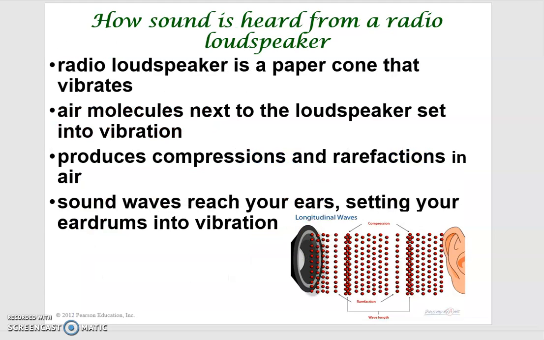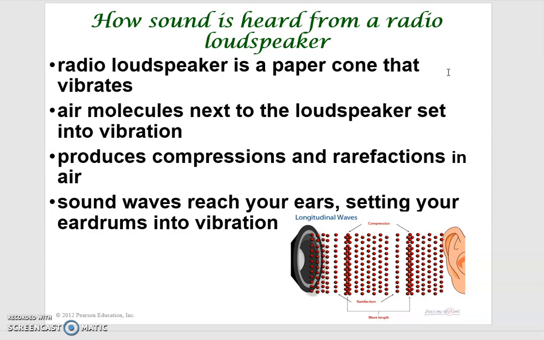So now, let me give you more details about how you hear a voice from the loudspeaker. For example, you can imagine that the loudspeaker is a paper cone, and it vibrates. When the paper cone vibrates, the air molecules next to the loudspeaker will start to vibrate, because they have physical contact with each other.